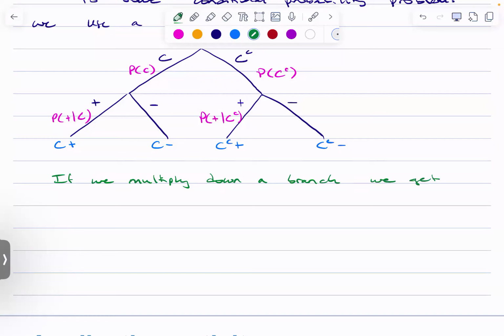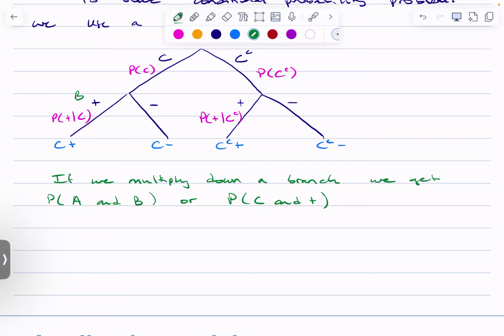We get the probability of A and B, right? Just generically, if this is A and this is B, right? Or in this example, the probability of C and positive, for example, right? We multiply down a branch.